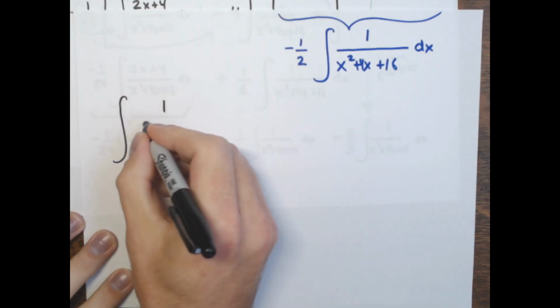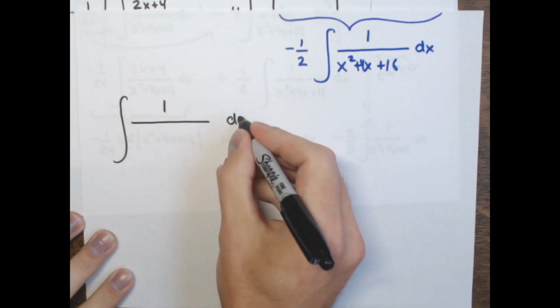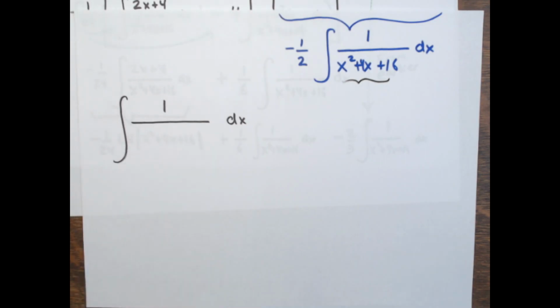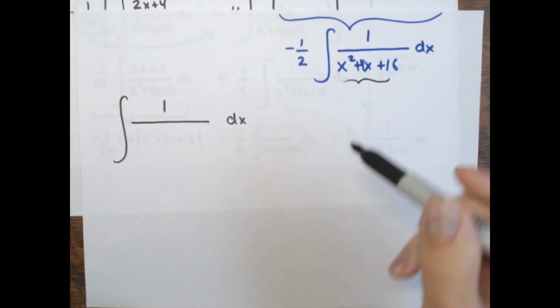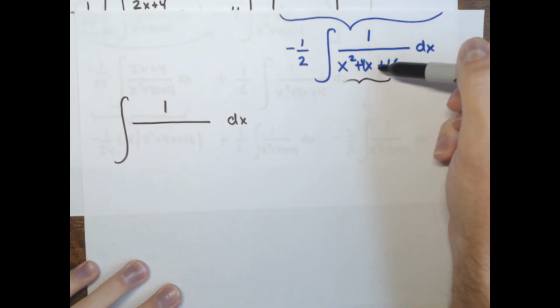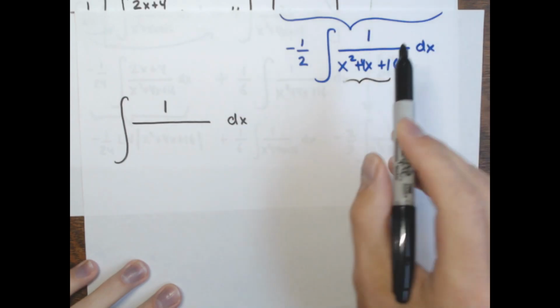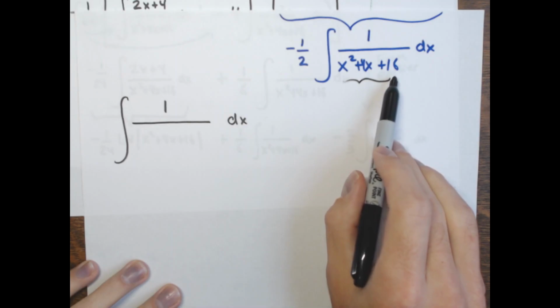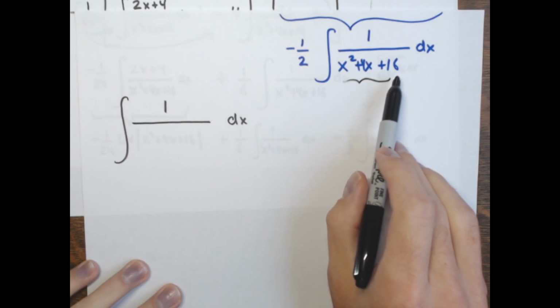Now remember, we've seen integrals like this in the previous section, section 3.3 on trigonometric substitution. But when I want to make a trig sub, I want a sum of squares or a difference of squares.